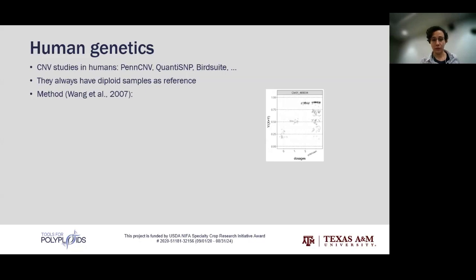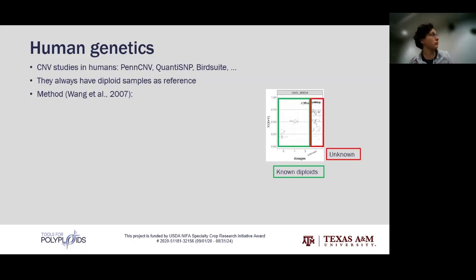The reason why they do that is because they use the samples whose ploidy they know to standardize the ones that they don't know. So they can keep all the markers in the same position where they're supposed to be on the axis. In the example here, we split the samples that they know, the diploids, the references, and the samples that they don't know.